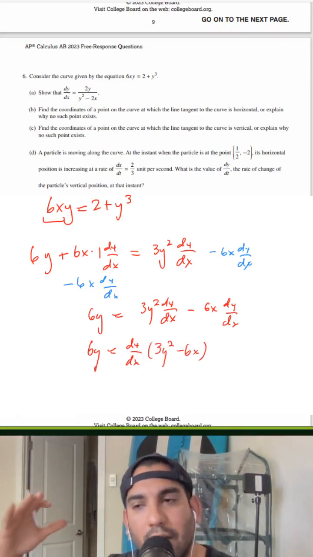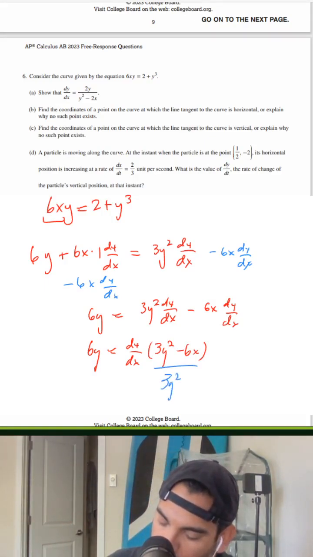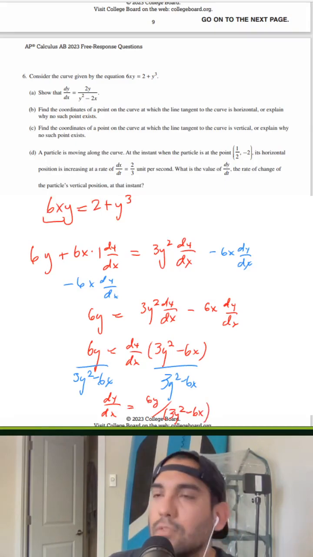And we divide by 3y squared minus 6x. The derivative is equal to 6y over 3y squared minus 6x.